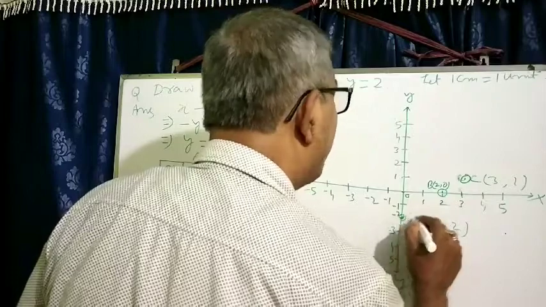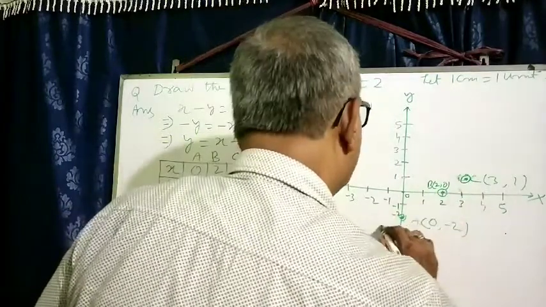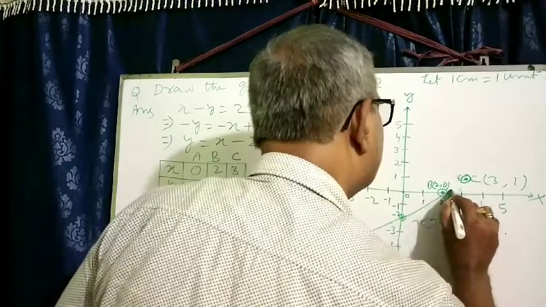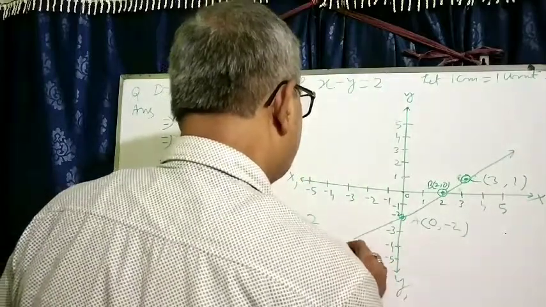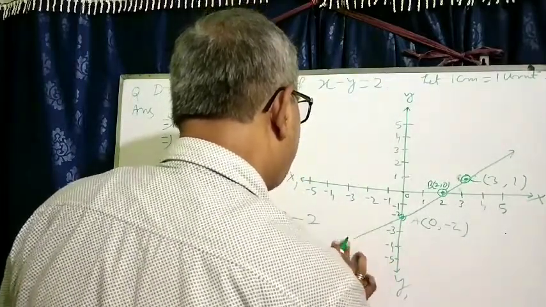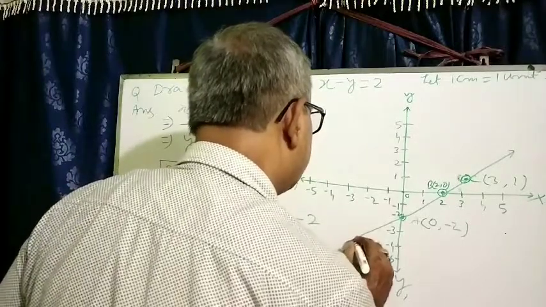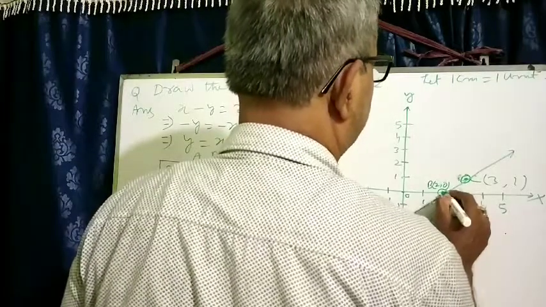Here, this is the point, this is the point, all these 3 points, with the help of a scale you draw. Actually, what happens when you are drawing with the help of a scale is that it will be very straight.